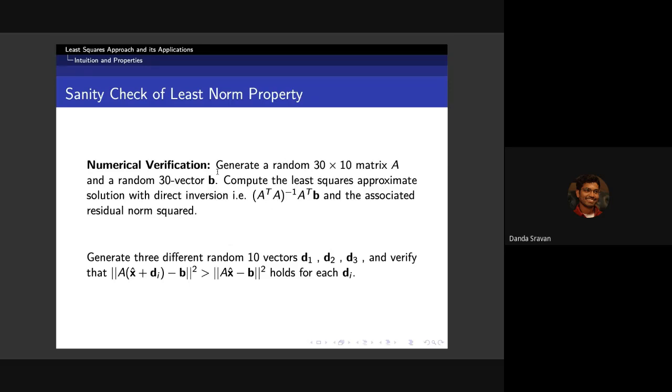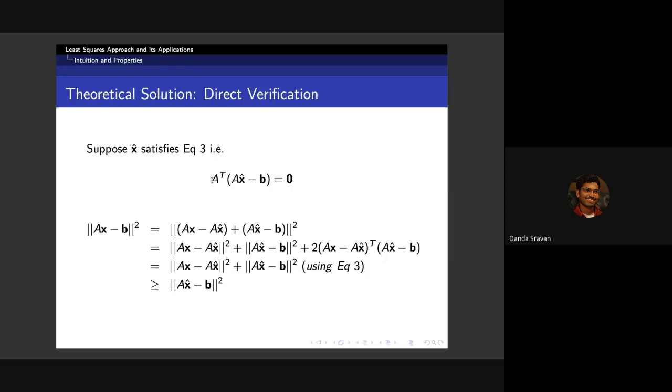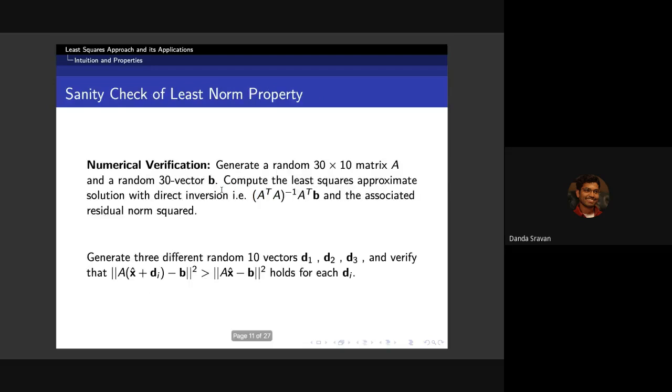The idea is to solve this system of equations. By the way, this particular condition is called the set of normal equations. If my A was invertible, I would be able to have a unique solution by computing the inverse of A transpose A, which you can verify by direct inversion.